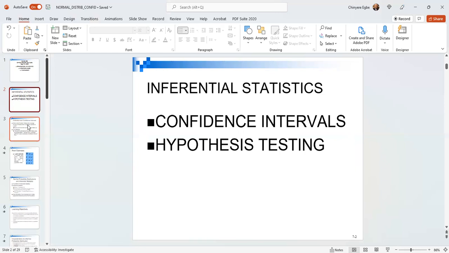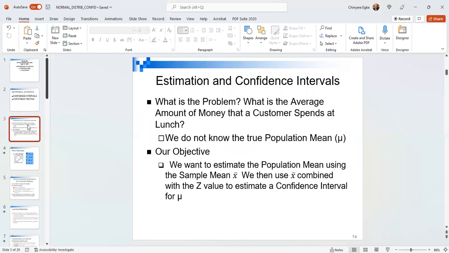Okay, so what is a confidence interval? For this class, we are going to focus on confidence intervals for the mean, but you can do confidence intervals for the variance too.